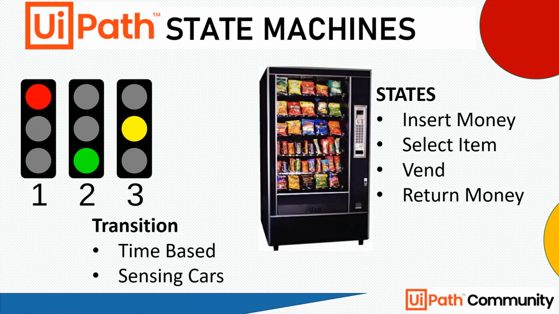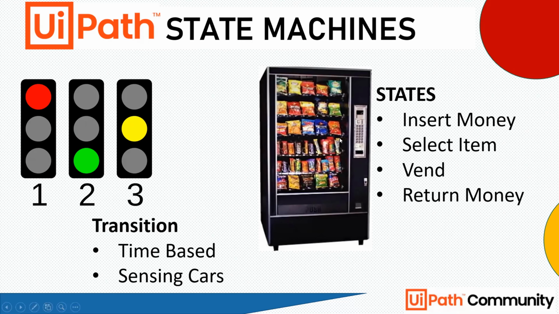Take the example of an ATM. You insert the card, you put the amount, you put the pin, and then it gives you the money, right? It never gives you the money at the beginning and then asks you for the pin, right? It will first ask you for the pin, then it will give you the money. So everything is happening one by one. You cannot skip the states, right?